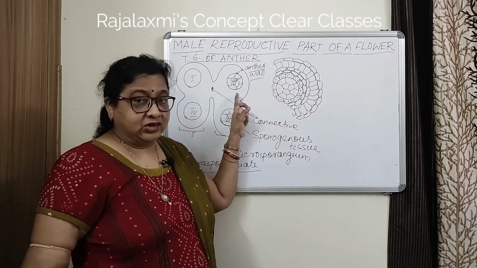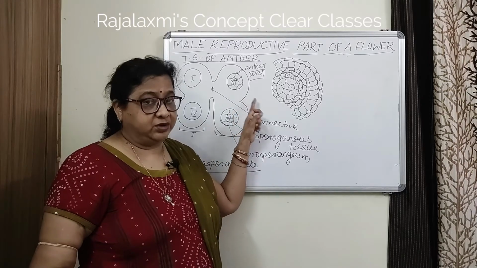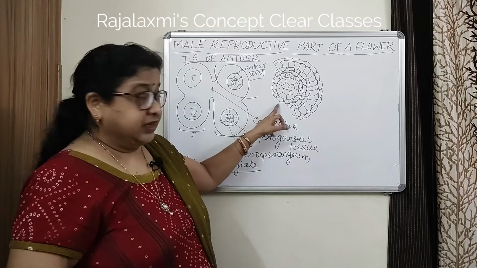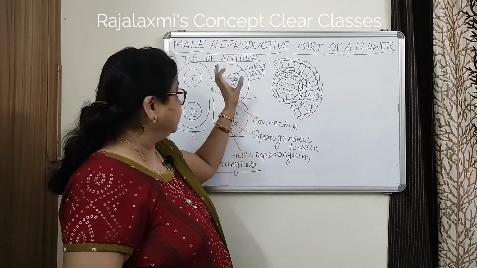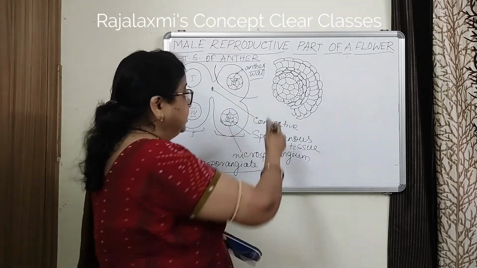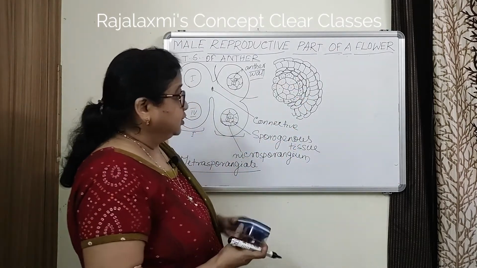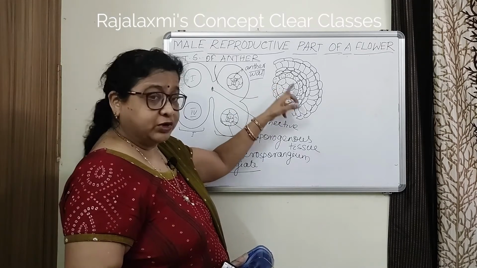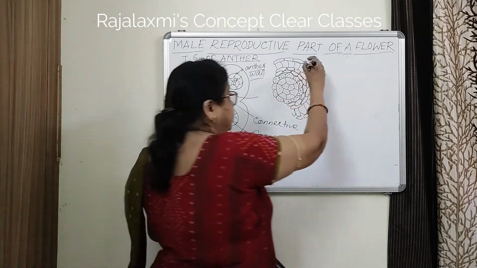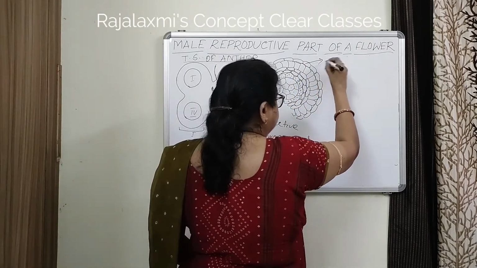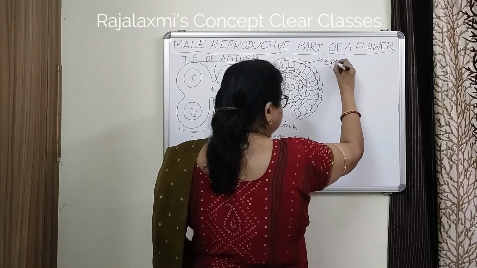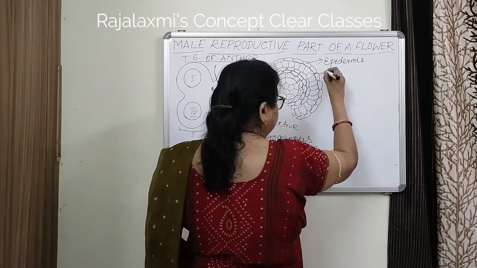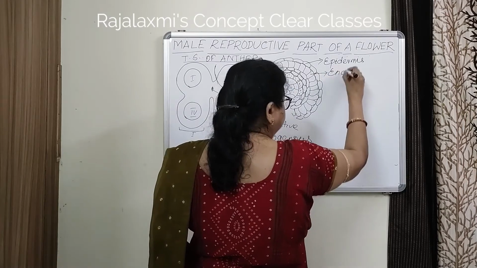This anther wall consists of 4 types of wall layer. If we draw an enlarged portion of this structure, then we will find there are 4 types of wall layer surrounding the microsporangium. The outermost layer is known as epidermis. Next layer is known as endothecium.